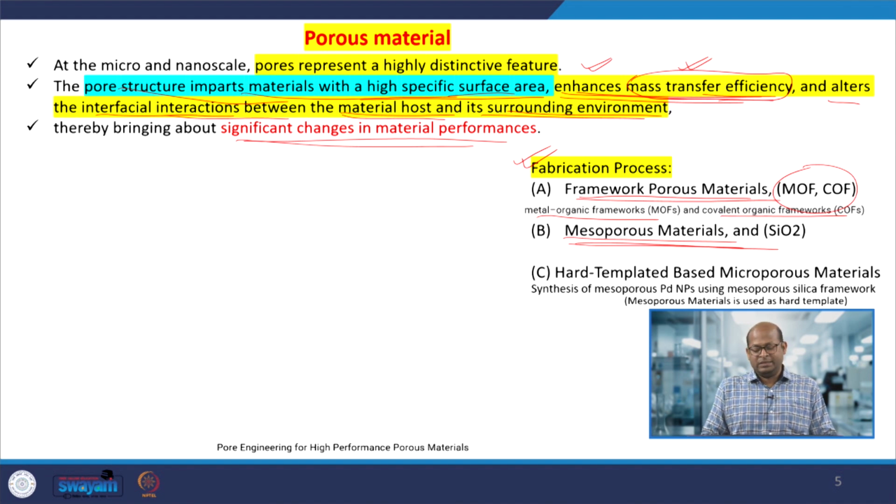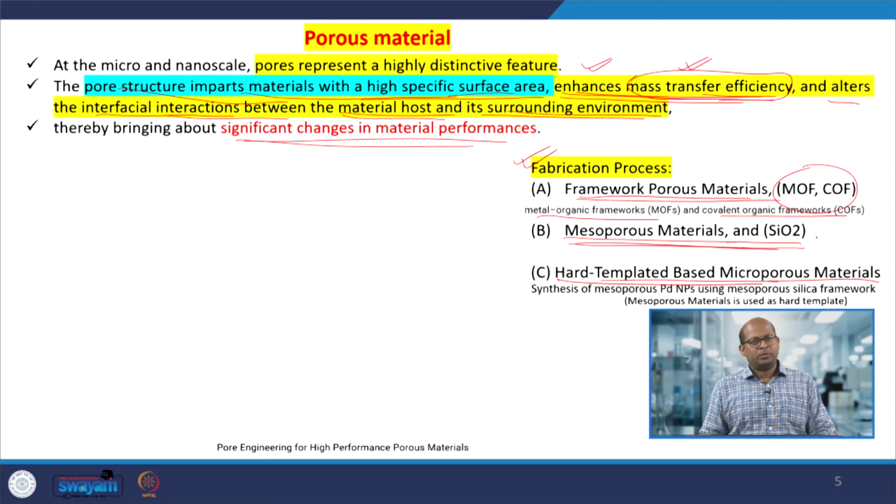Silica precursors can be used to prepare these mesoporous structured materials. Then hard template based porous materials can also be synthesized by using silica or other materials, such as metal oxide.